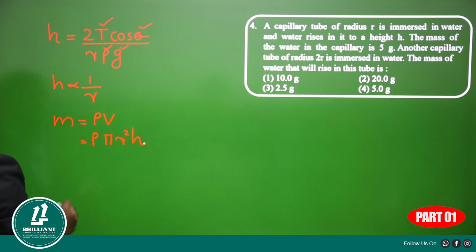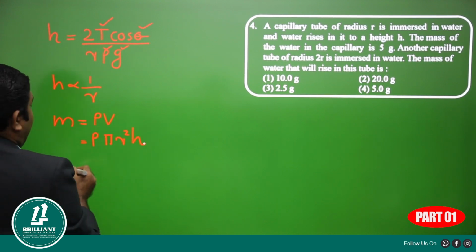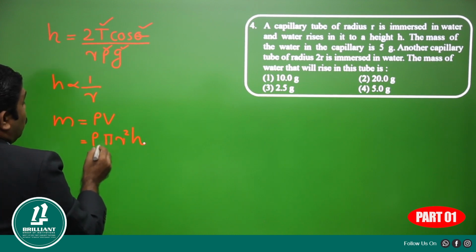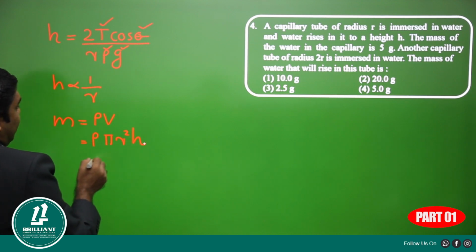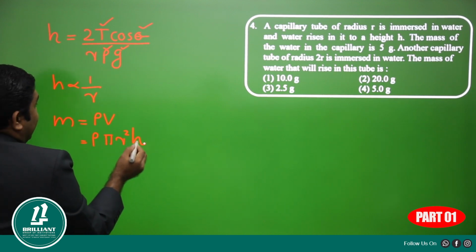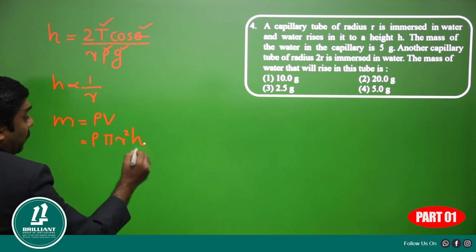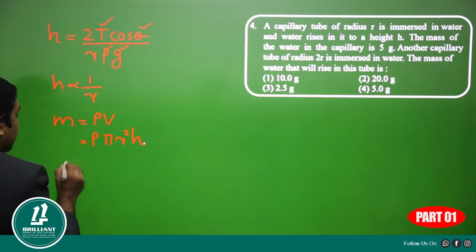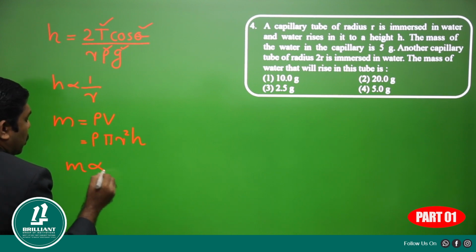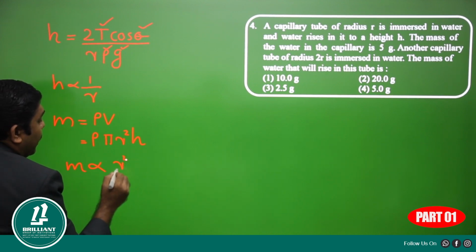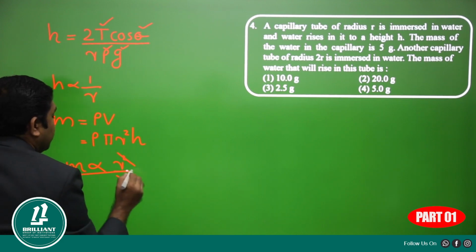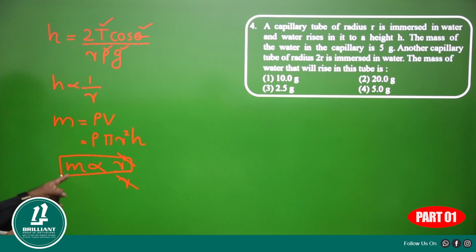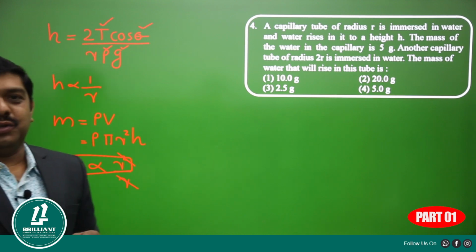Therefore, since h is proportional to 1 by r, we get m proportional to r square divided by r. So m is proportional to r. We can say mass is directly proportional to the radius of the capillary tube.